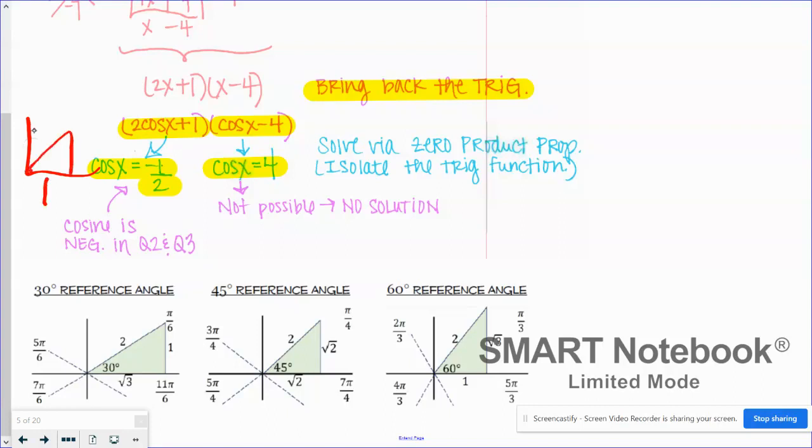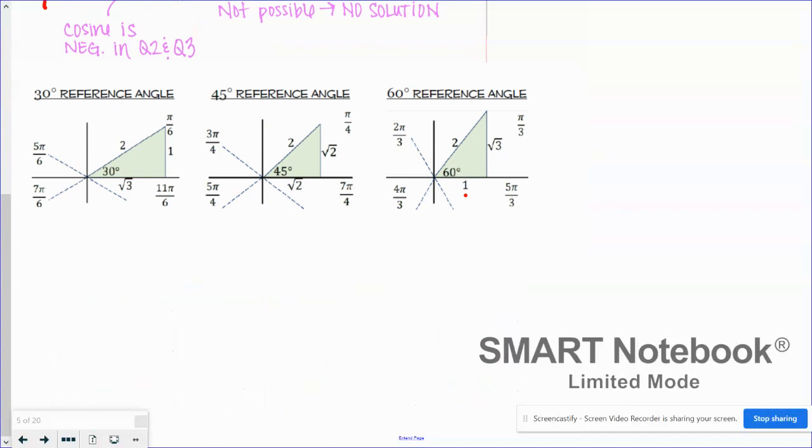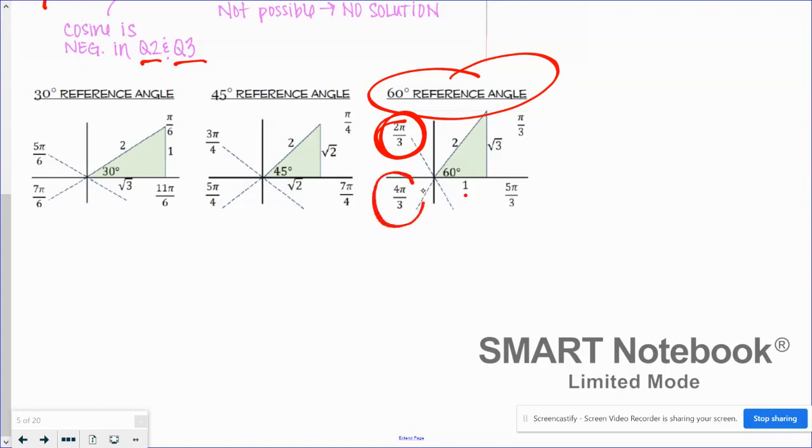Cosine's the adjacent over the hypotenuse. And so you can see that right here. The adjacent is 1, the hypotenuse is 2, and this is happening with a 60-degree reference angle. So since I know cosine's negative in quadrant 2 and in quadrant 3, and it's a 60-degree reference angle, I know my answer angles are 2 pi over 3 and 4 pi over 3. And those are my solutions.